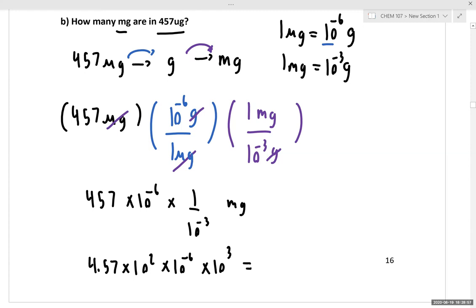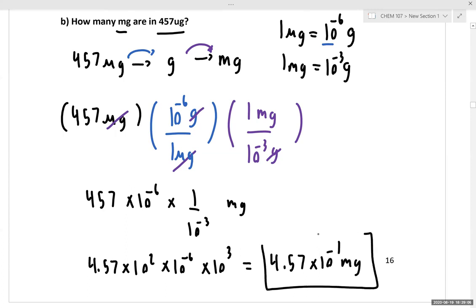And that in turn gives us 4.57 times 10 to the negative 1st milligrams. Don't forget your units at the end. Does this make sense to everyone? Any questions on this example?